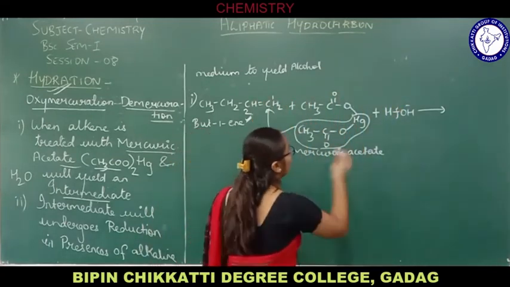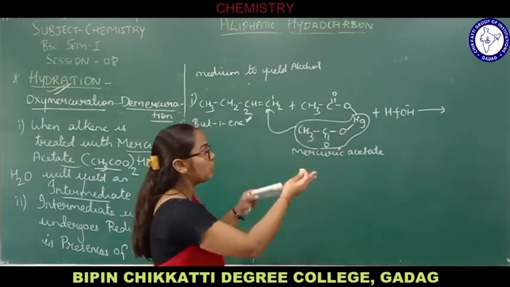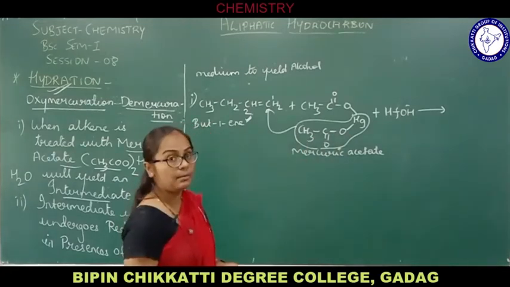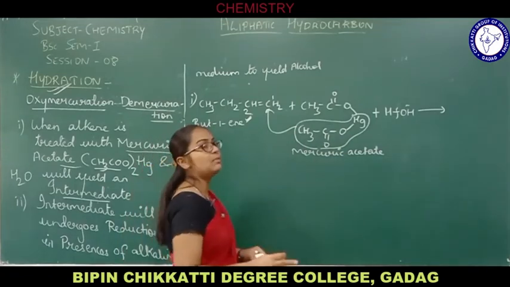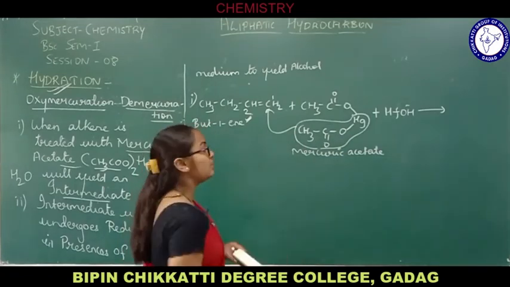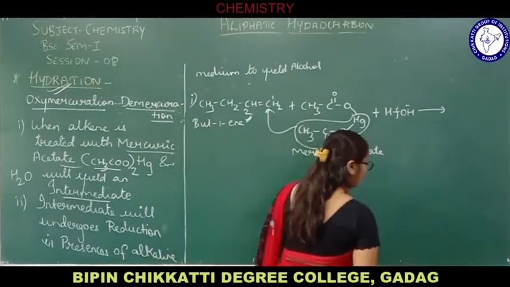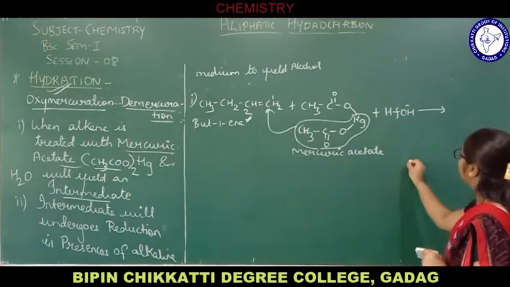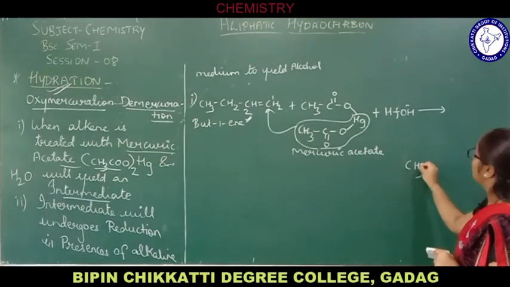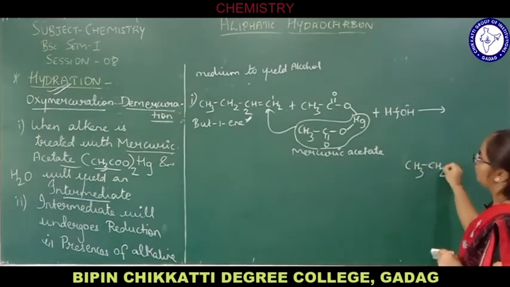Okay, so the moment both the groups get attached to their respective unsaturated carbon atoms, the product will be the intermediate. Let's see how the intermediate will be formed. Here CH3, CH2, CH.